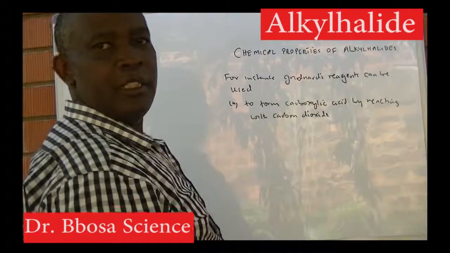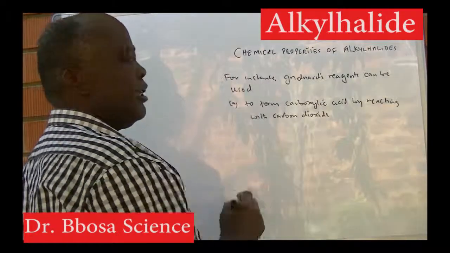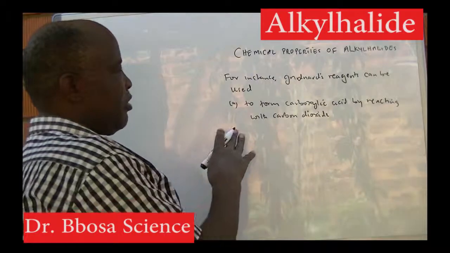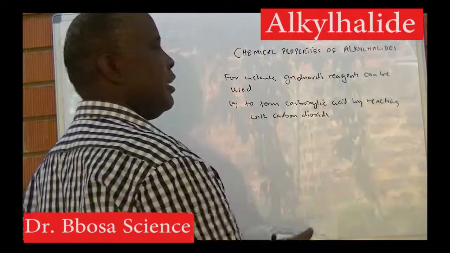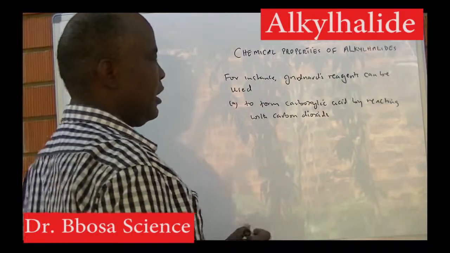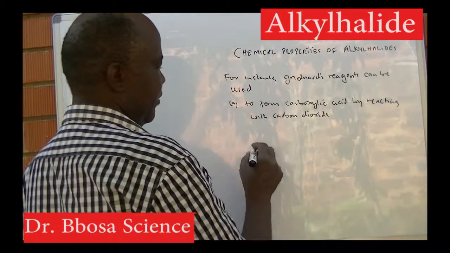For instance, Grignard reagent can be used to form carboxylic acid by reacting with carbon dioxide.